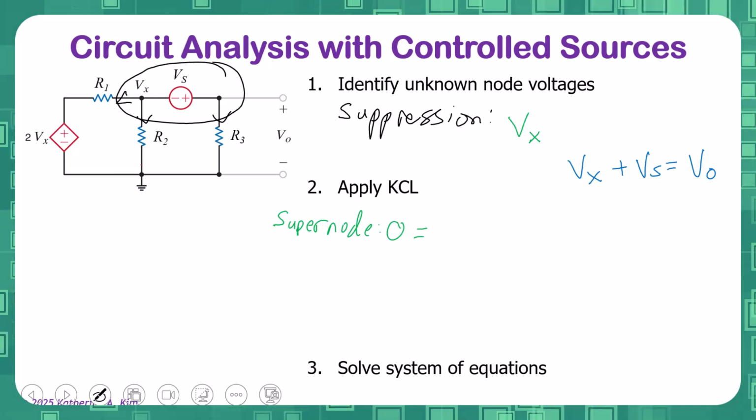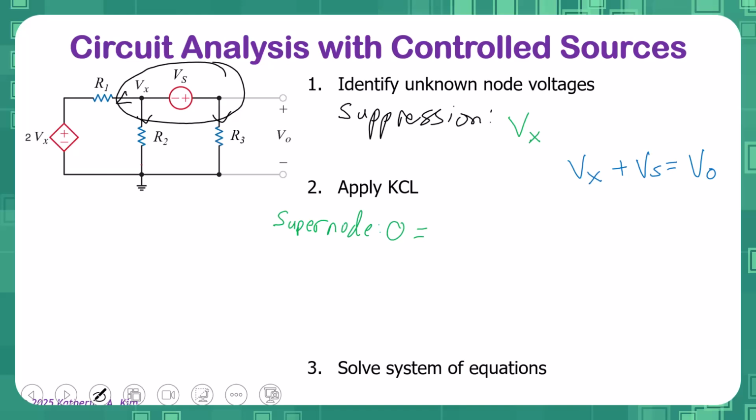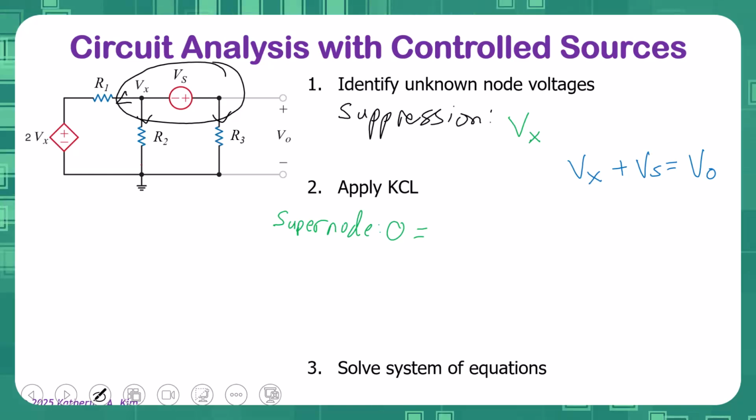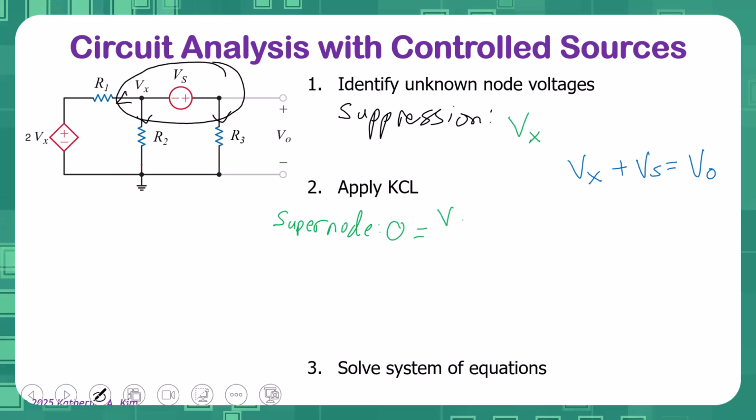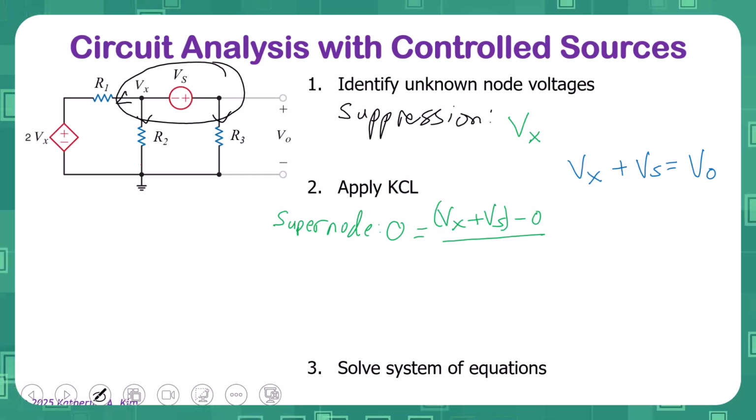All right, so for that, we're going to get 0 equals, and we're going to look at the currents going through. So we have, let's actually start with the R3 first. It's going to be VO divided by R3, but because we have our relation here on the right, we're going to write that right away. So we're going to have Vx plus Vs minus 0, so I'm going to put that in parentheses, divided by R3, that would be 1 current.